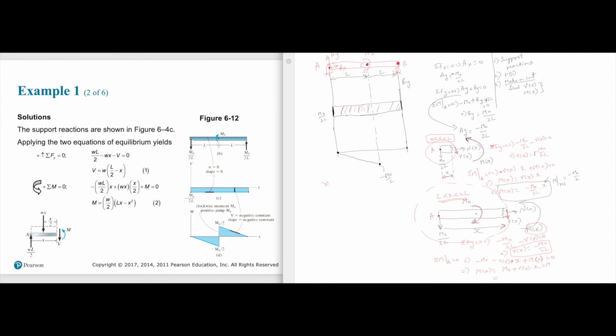Negative M naught over 2L times x. So we end up getting basically M naught minus M naught x over 2L. That is the moment at x.